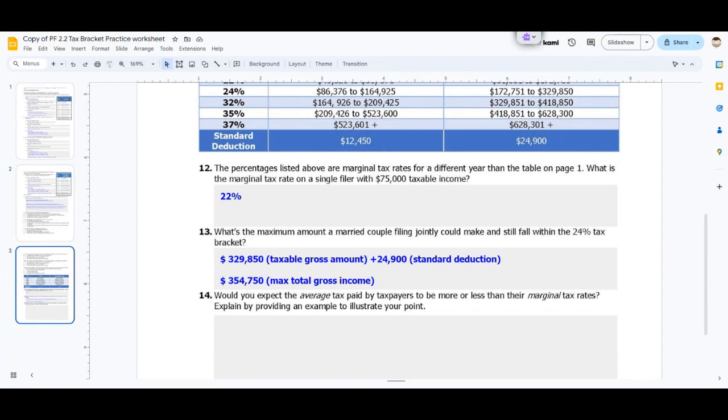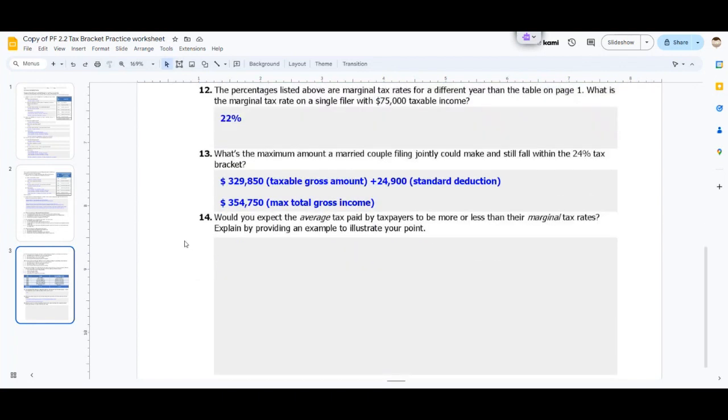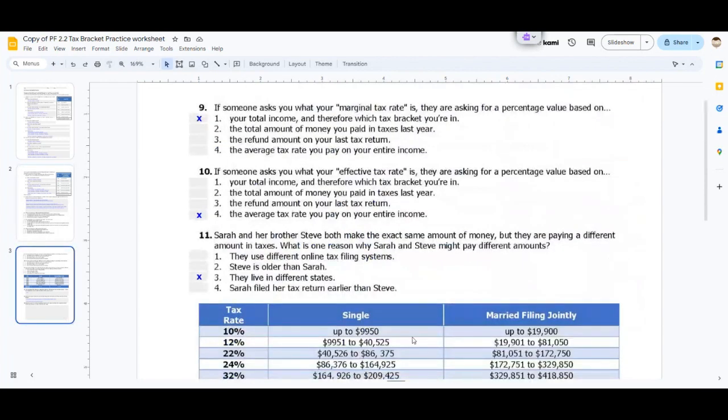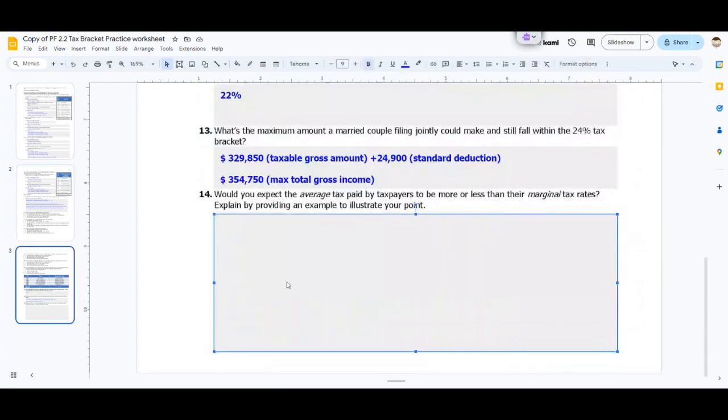All right. And then finally, would you expect the average tax rate, meaning the effective tax rate paid by taxpayers, to be more or less than their marginal rate? Explain by providing an example to illustrate your point. All right. So if we went back to number 4 here as an example to illustrate this.